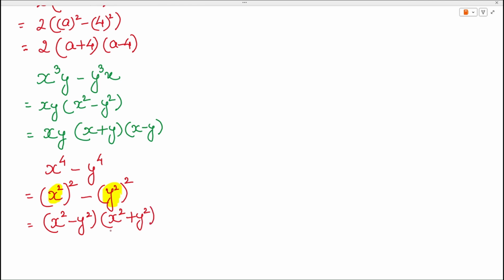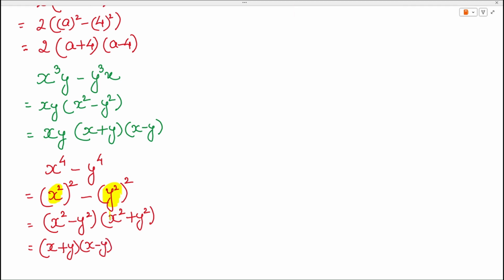So this can be factored as x squared minus y squared, multiplied by x squared plus y square. This is factored but not fully, because x squared minus y squared can be factored further. The a term is x, the b term is y. So the first expression we write as x plus y multiplied by x minus y.